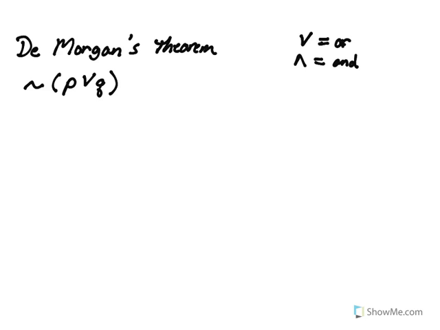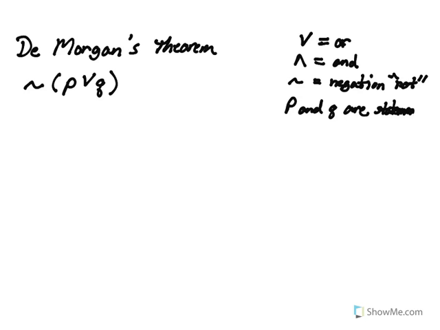Okay, and again, your tilde is your negation, remember, which is not. Okay, and of course P and Q are statements, all right? And it could be any statement. We're just using symbols here to denote a representation of something, okay?